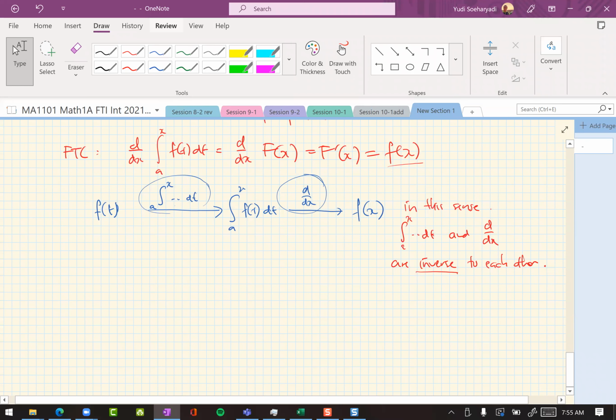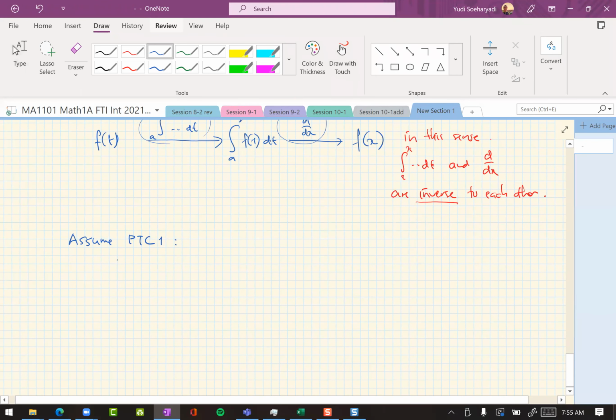And let's see. Okay. So if we assume this FTC 1, fundamental theorem of calculus 1, well, let's say this one.